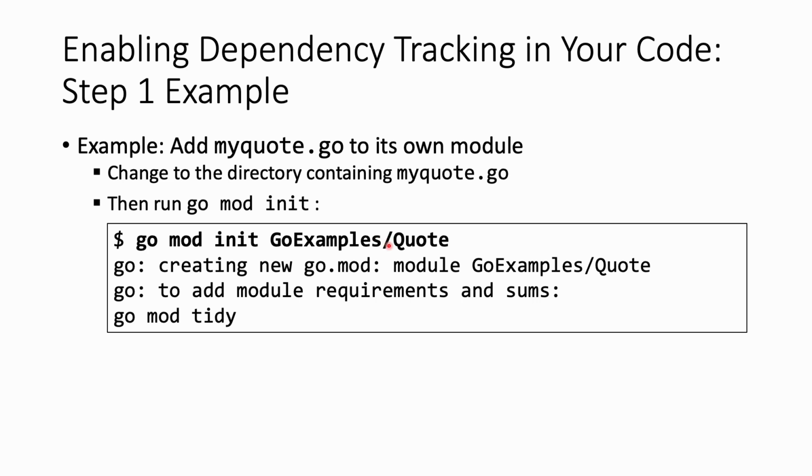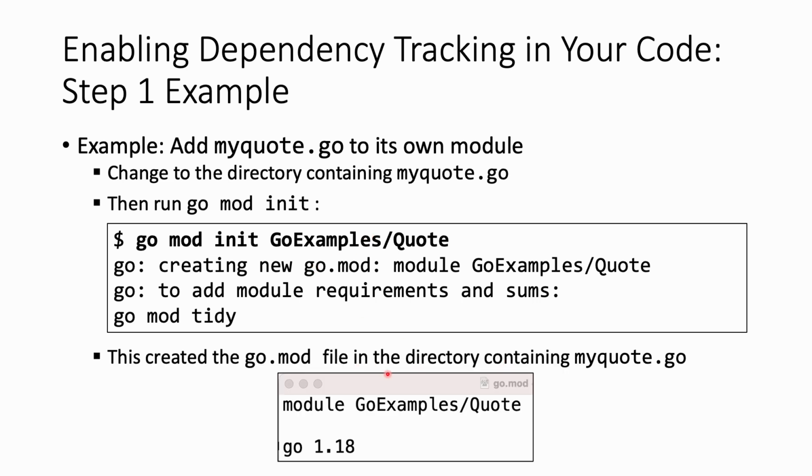Recall that the path of a directory in Windows uses the backslash to separate the subfolders instead of forward slashes. So this is a module path which is independent of the local path of the directory for mycode.go. So now go-examples/code is the name of the module that contains our mycode.go program.